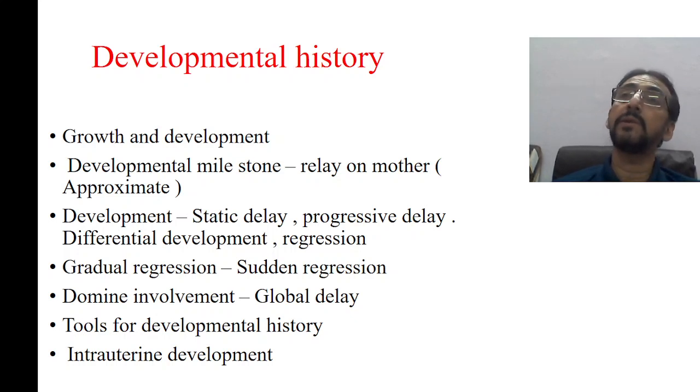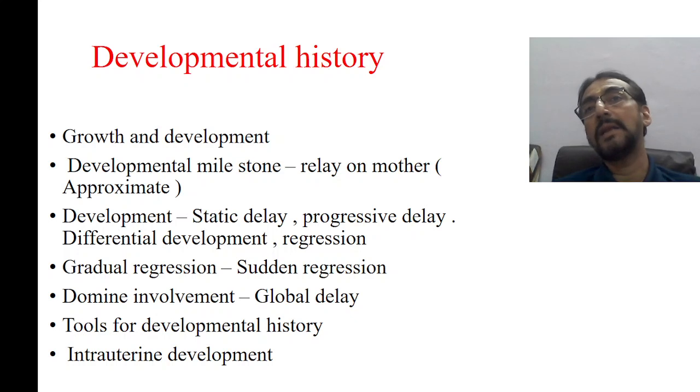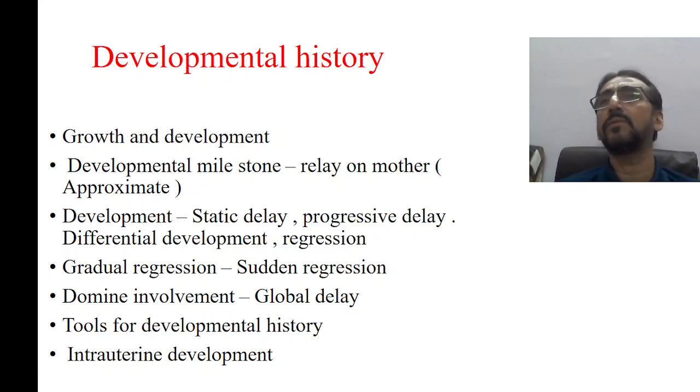When the cognitive developmental milestone is affected, that leads to mental retardation or intellectual disability. When the social is good, fine motor is good, and language development is also good, but still he is not able to concentrate, that suggests ADHD.